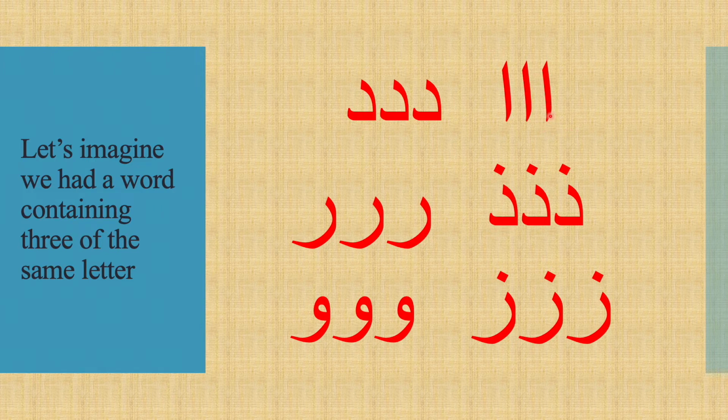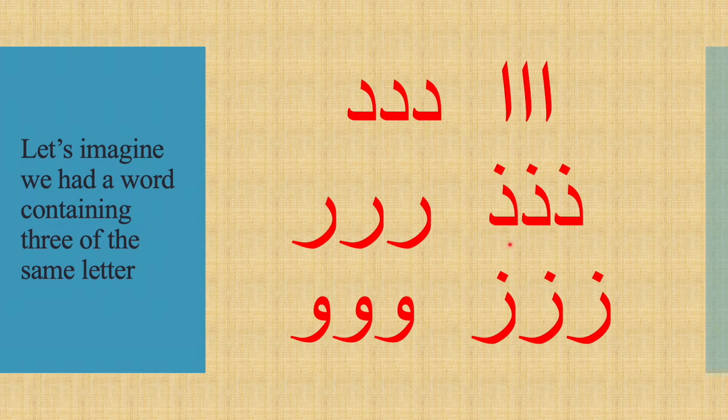Because alif never connects with the next letter, you would have a break after each alif. Same thing with dal. Dal, dal, dal. Let's say we have a word that's made of 3 dals in a row. There would be a break after each dal.